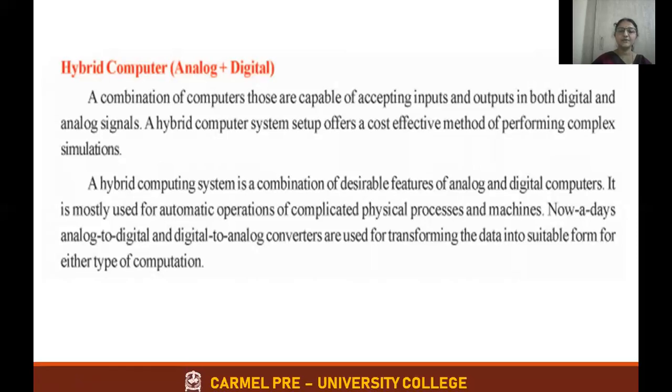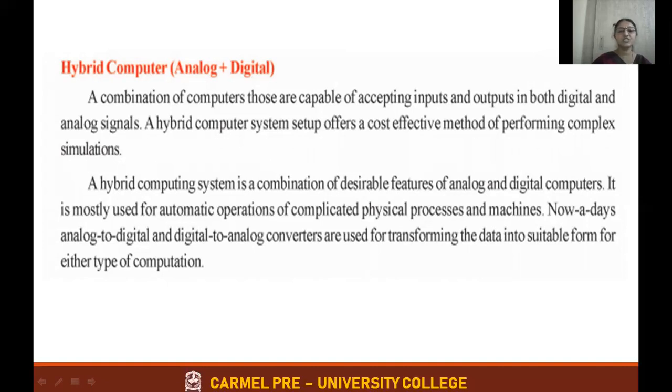It combines the desirable features of analog and digital computers. It is mostly used for automatic operations of complicated physical processes and machines.